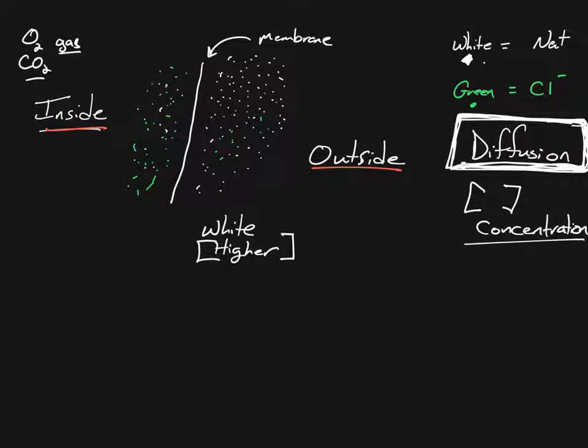It's much easier than writing out the word concentration. So if you see a number in brackets, it's the concentration of whatever, in this case 4 milligrams per liter. All right, so if this side is higher in concentration, what's on the inside?